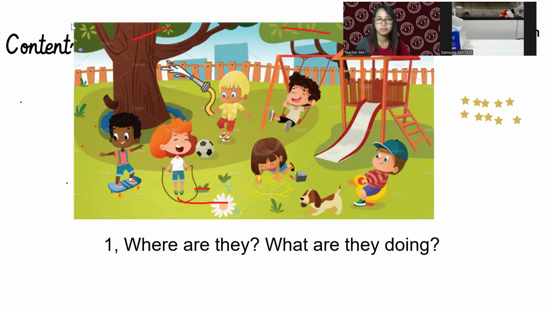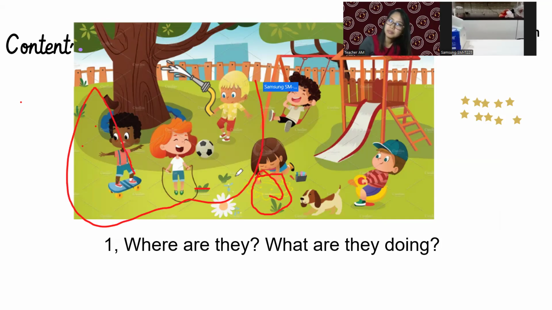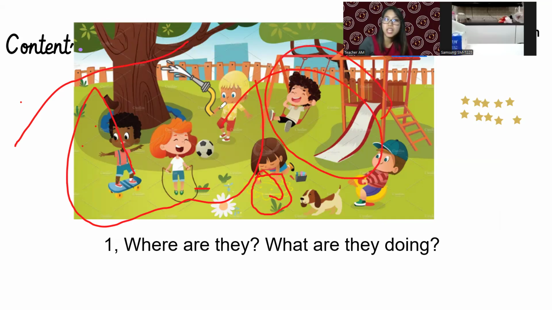But this flower is not a real flower. Very good. You're right. It's not a real flower. Anything else? I see six children. Very good. Now, what are they doing?